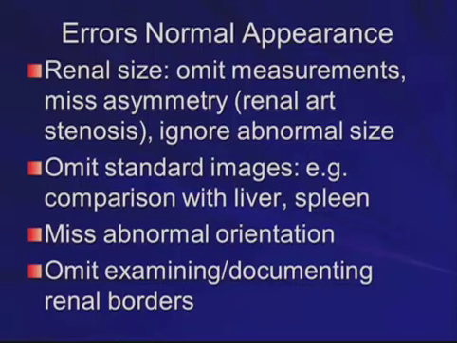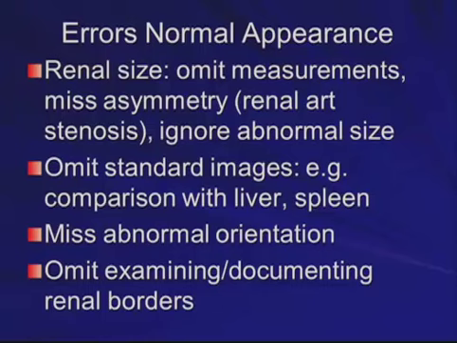And the reasons why we miss this abnormality are, first of all, if the size of the kidneys is abnormal and yet measurements are not present, or we don't remeasure the lesion. And so when we're looking at the kidneys, it's very important that your sonographers have either made measurements or that you are very aware of what the estimated length of each kidney is in order not to miss an abnormality due to renal size.